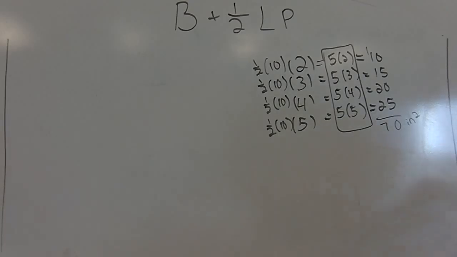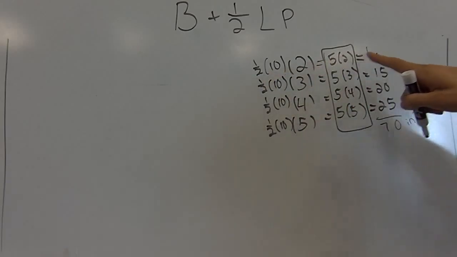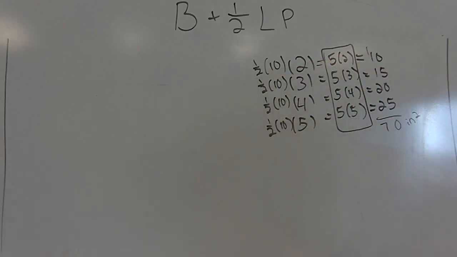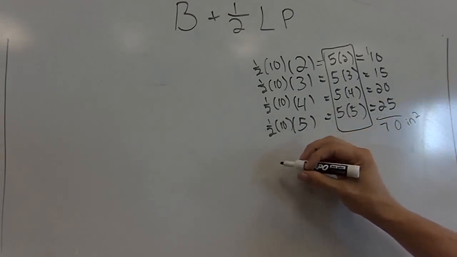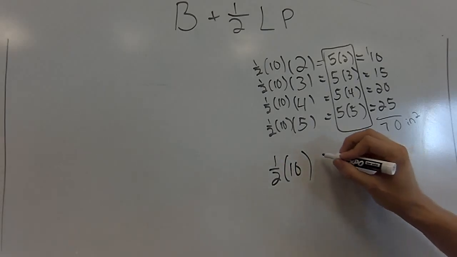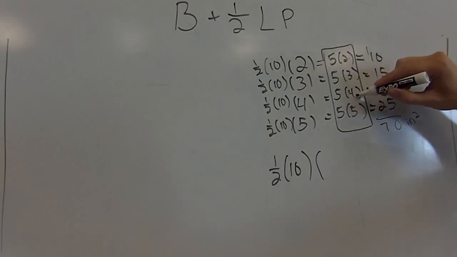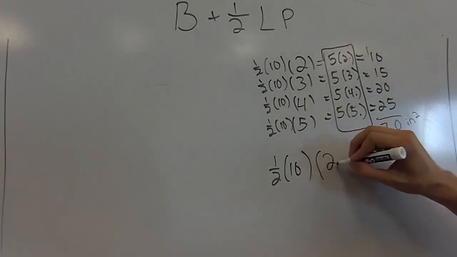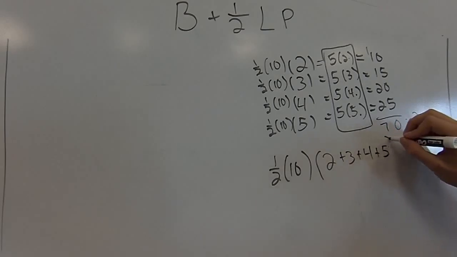So instead of doing all this work and finding each triangle individually, I could just take the 1/2 times 10 and multiply it by the perimeter of the base, which would be adding up all these sides here. So 2 plus 3 plus 4 plus 5.